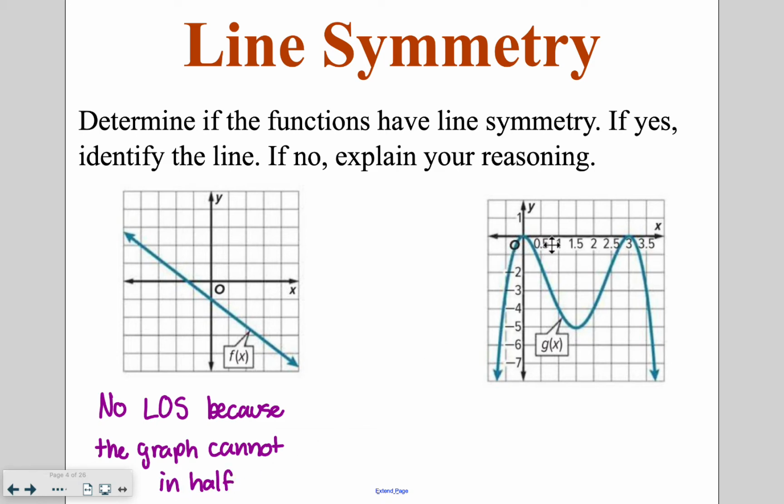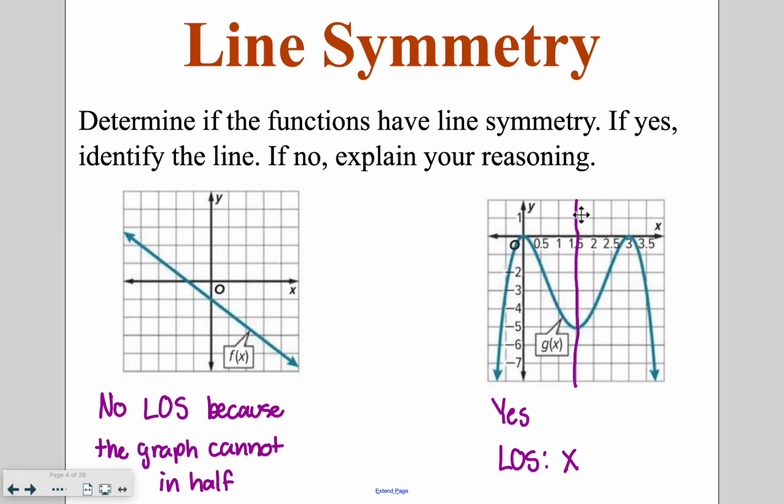If I come over here and look at my second example, right down the very direct middle of my graph, if I put in that line right there and I was able to fold that graph in half, the two pieces would line up exactly. So in this case, yes, there is a line of symmetry, and that line of symmetry is located at a vertical line, so that's going to be at an x value.